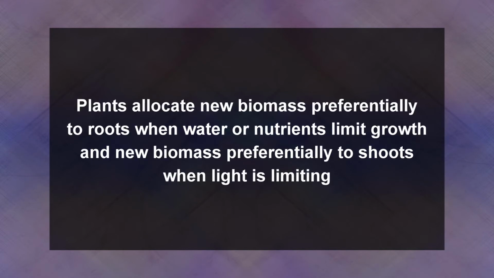Plants allocate new biomass preferentially to roots when water or nutrients limit growth, and new biomass preferentially to shoots when light is limiting. Plants hence can increase acquisition of a resource by producing more biomass of the appropriate tissue, by increasing the activity of each unit of biomass, or by retaining the biomass for a longer time, thereby increasing NPP.